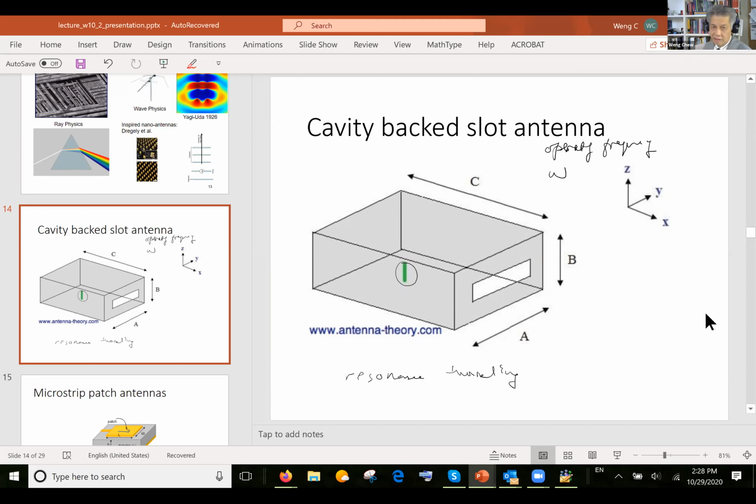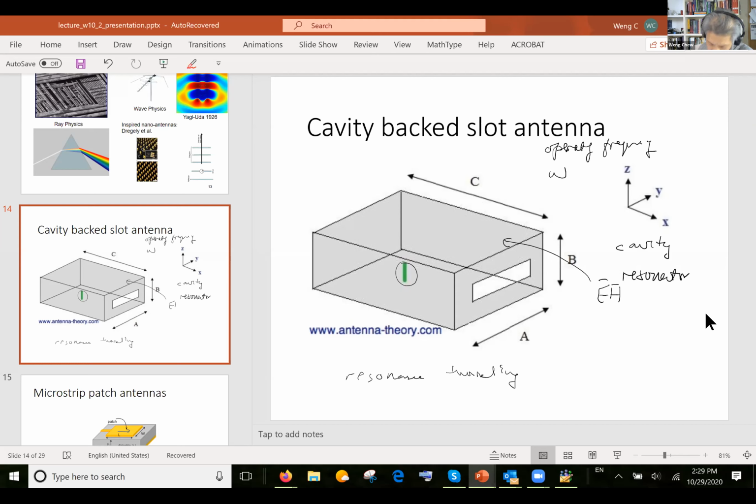We studied cavity resonators before. From our knowledge of cavity resonators, you're going to hit the resonance of this cavity, and then the field will be very strong inside. E and H will become very strong inside.